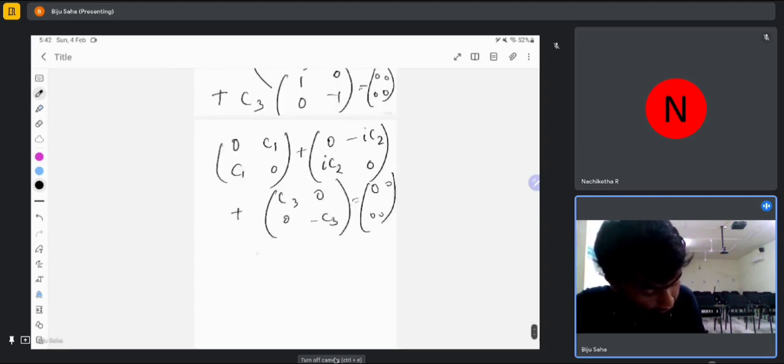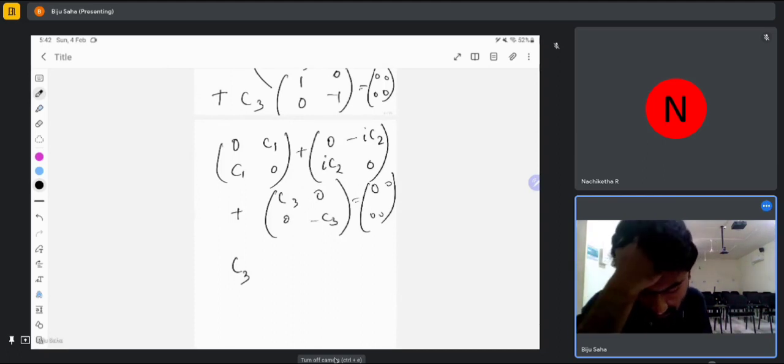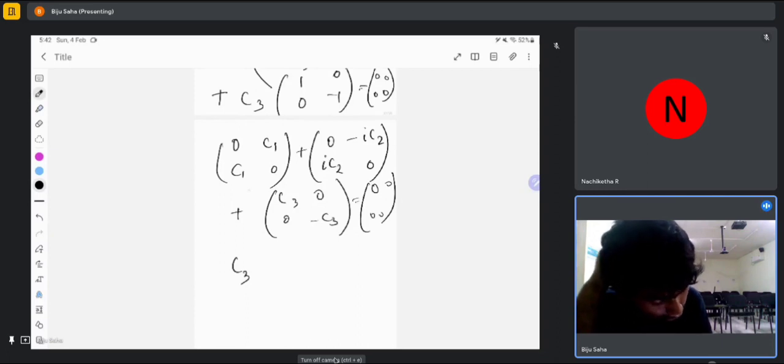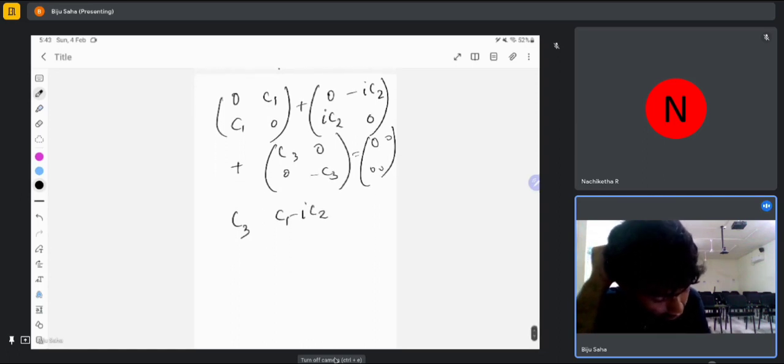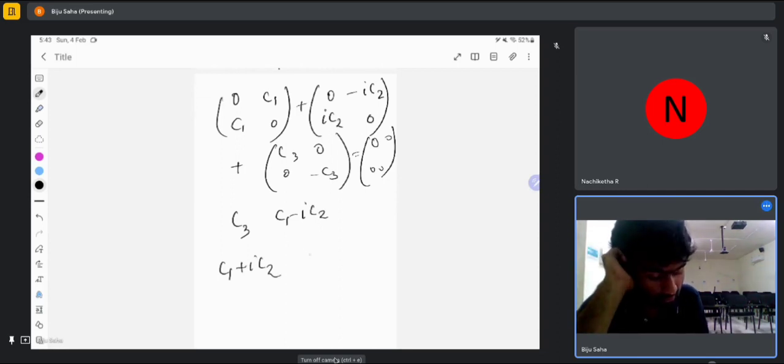when I add them, it is c3 and then from the first I have this, and then c1 minus i c2 from the second terms, and then c1 plus i c2 and minus c3.